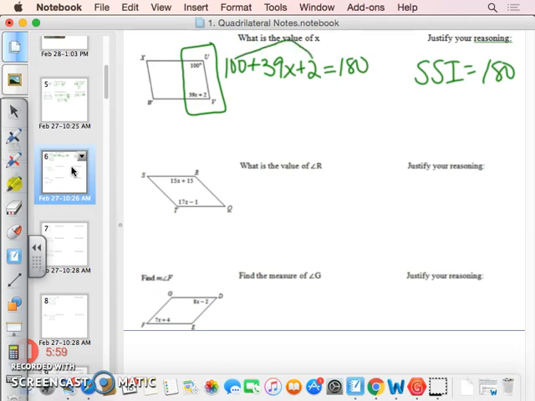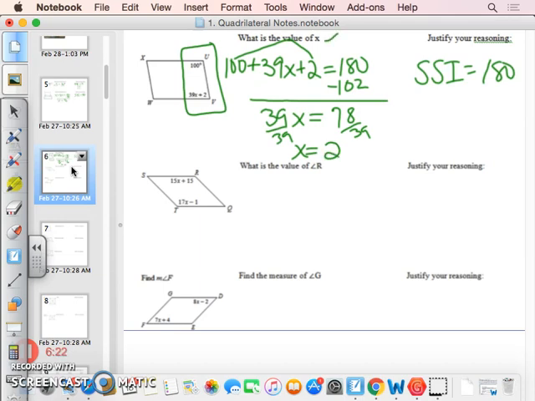So I'm going to take these two, because they're like terms, and I'm going to subtract them from 180. And I've got 39x equals 78. Divide by 39, and x equals 2. We'll look back at the question. What is the value of x? X is 2.